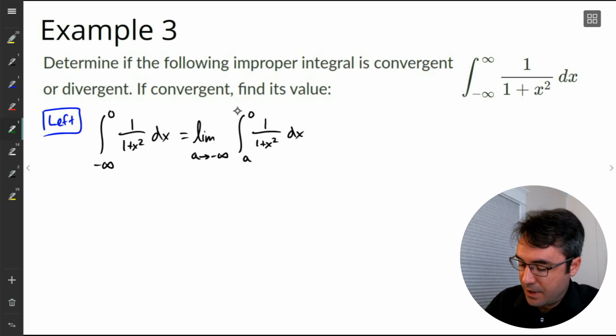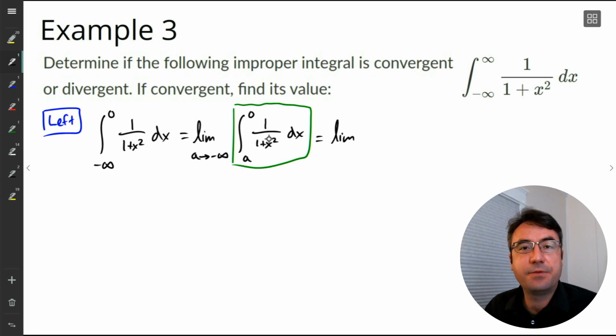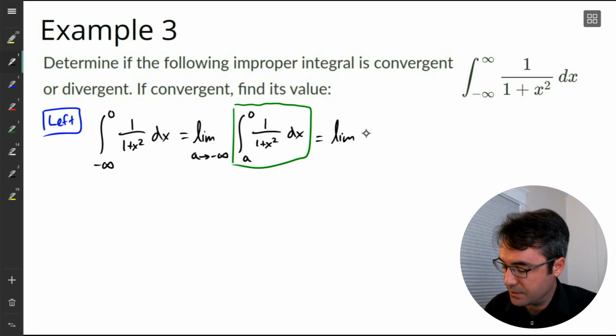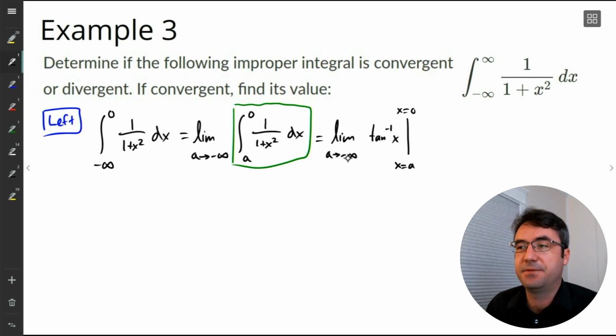Now, once we've done that, we have this nice definite integral that we can do. And we know the antiderivative of 1 over 1 plus x squared. That's one of our elementary forms. That's just inverse tan. And then we're going to evaluate this from x equals a to x equals 0. And again, it's the limit as a approaches minus infinity. We found our antiderivative.